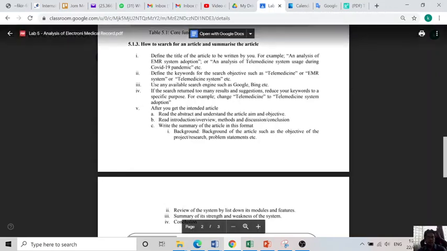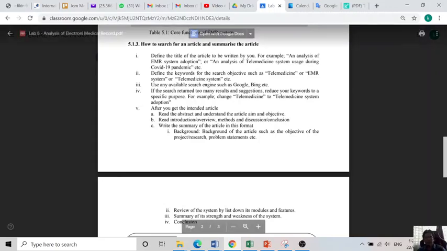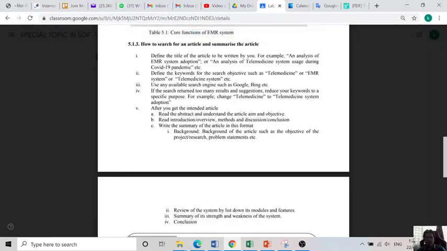Normally the researcher compresses the background, objective, and result into the abstract, so from it you understand what the problem is, what the aim is, and what the result of the article is. So the abstract is the summary of the research article. Then read the introduction and overview, the method, and read the discussion and conclusion.